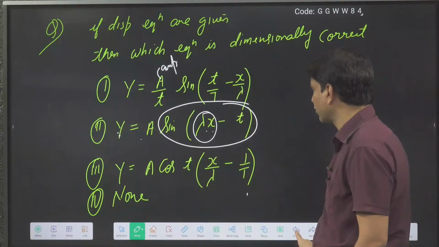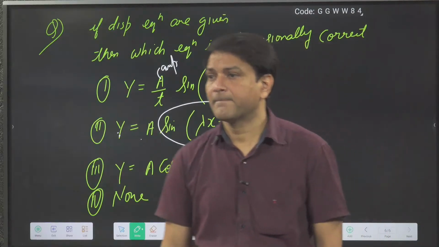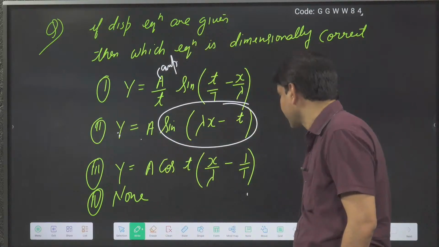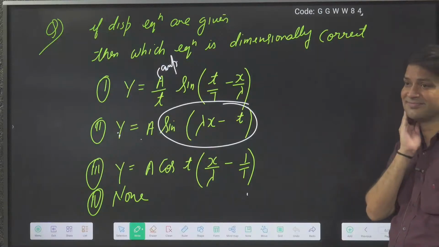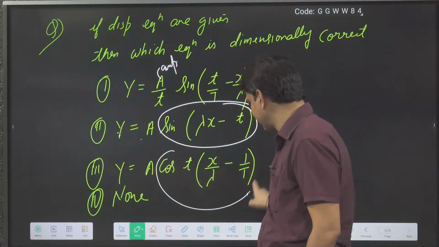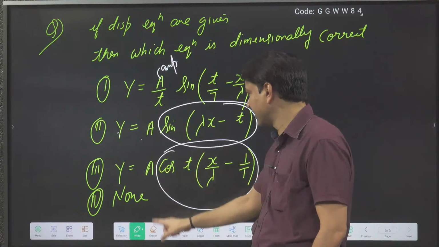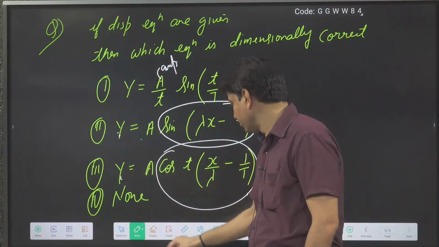Are everybody got or not? Okay. Third one. So first, this is dimensionless. Dimension of y is L, a is L. That is okay.